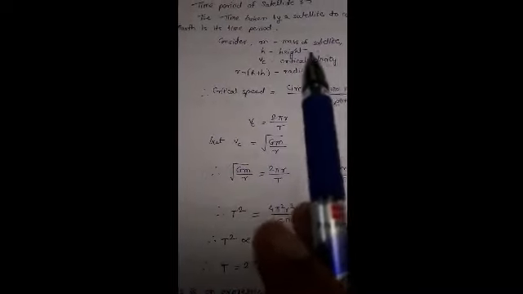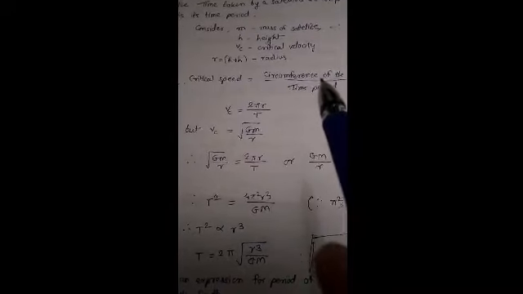So consider a satellite of mass m projected to height h and provided horizontal velocity equal to the critical velocity. The satellite revolves in a circular orbit of radius r equal to R plus h.